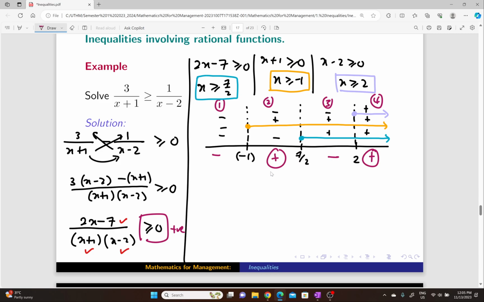Oh, I made a mistake here. Sorry. This is 3.5. This is 2.